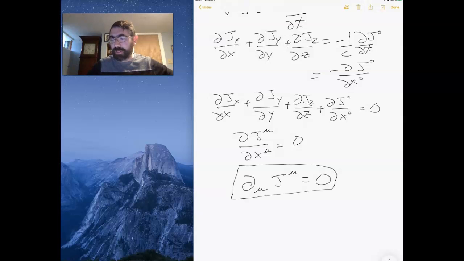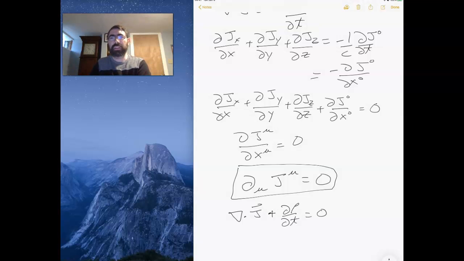So that right there, in just essentially 2 symbols, gives us the same continuity equation written down in Gibbs notation as that right there. So this is the continuity equation in tensor notation.